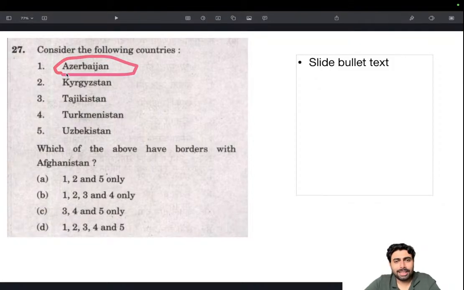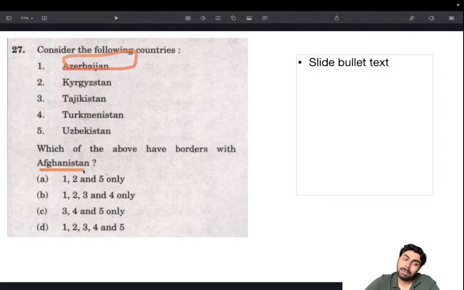Azerbaijan is across the Caspian Sea, and Afghanistan doesn't have any connection with the Caspian Sea. So that's the only thing I knew, that Azerbaijan wouldn't be there, because Azerbaijan shares a border with the Caspian Sea, and it's across the Caspian Sea. So there is very little chance that they are connected. I could easily eliminate that and arrive at the answer. That's all that was required, luckily.